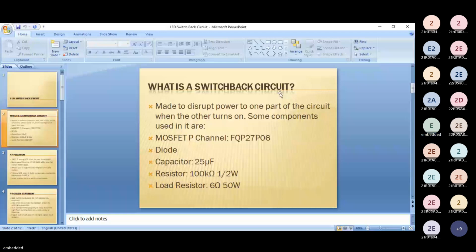Firstly, what do you mean by switchback? Or in what cases we use this? How it was best, how the switchback was made.